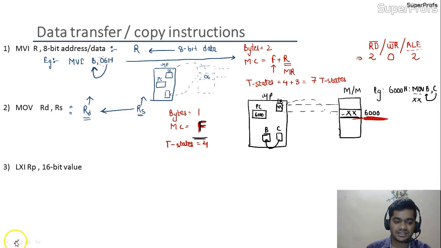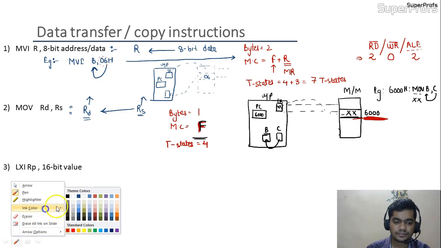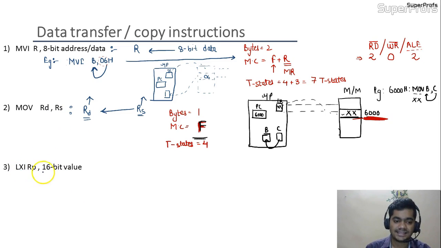Now the third instruction is LXI RP, 16-bit value. It means that whatever 16-bit value is present in this instruction would be transferred to the register pair. RP stands for register pair. So where would this 16-bit value be present in the memory?